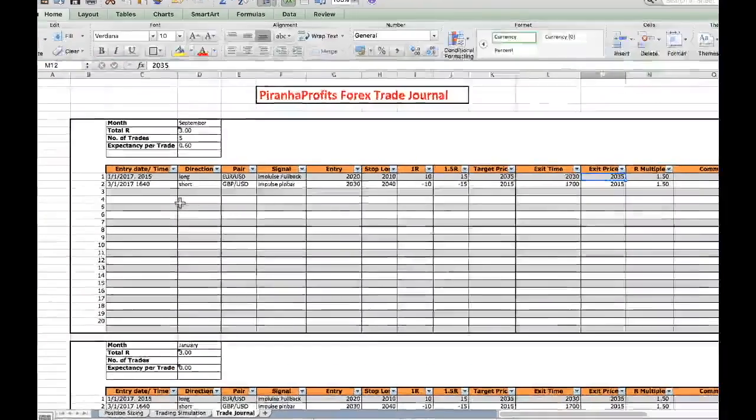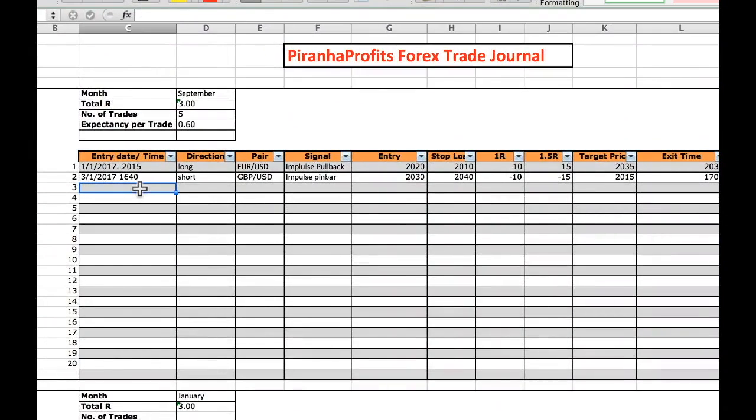So let me give you an example of a loss. Say the next trade is, I don't know, 4th of January 2017. You entered at 3 p.m. and you went long on Aussie dollar, impulse pullback.